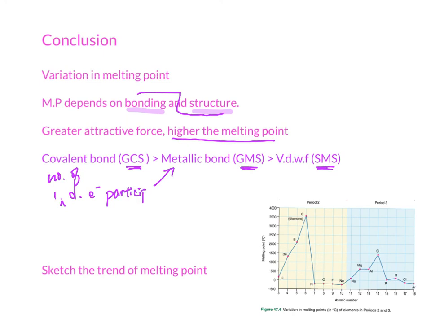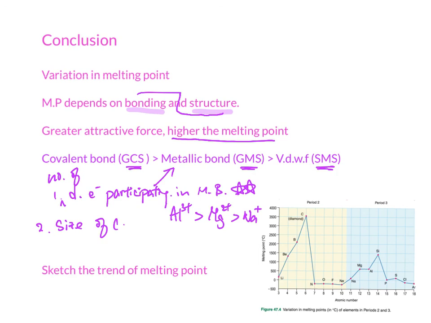And for metallic bond, the metallic bond depends on the number of delocalized electrons participating in the metallic bond. That is the most important part. So therefore you find Al3+, Mg, and also Na. The number of electrons in aluminum is 3, magnesium 2, sodium 1. Number 2, you talk about the size of cation.